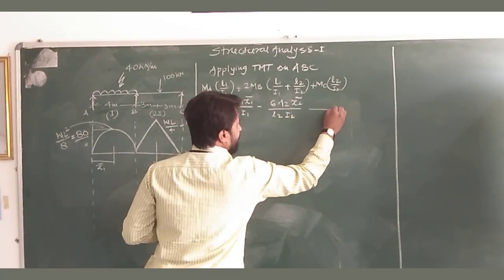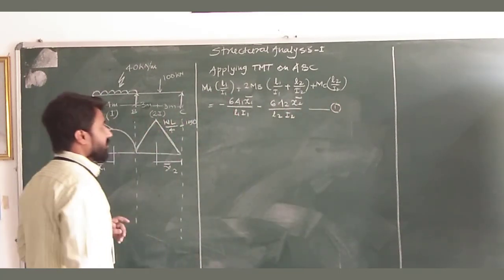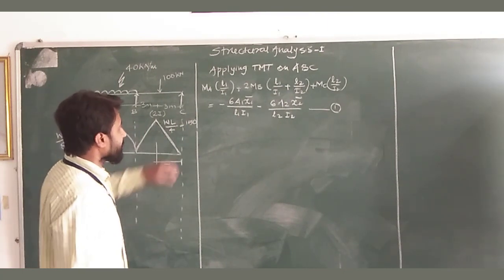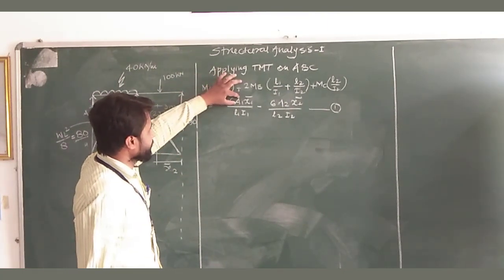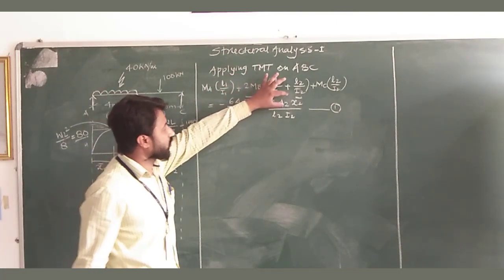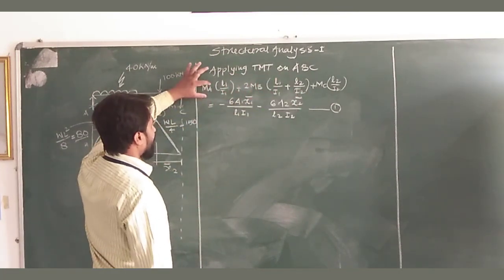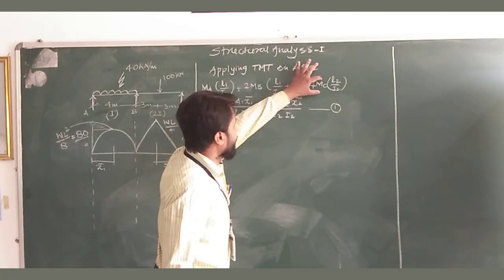Now this is the three moment equation, in which what is unknown to us is the value of A1 x1 bar, A2 x2 bar, and the values of MA, MB and MC.